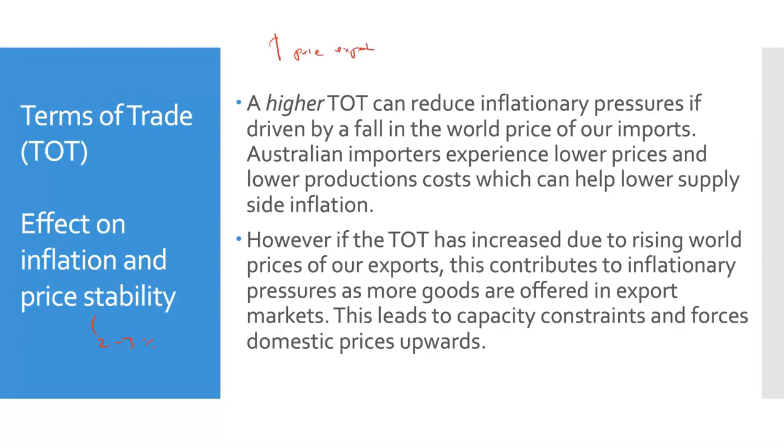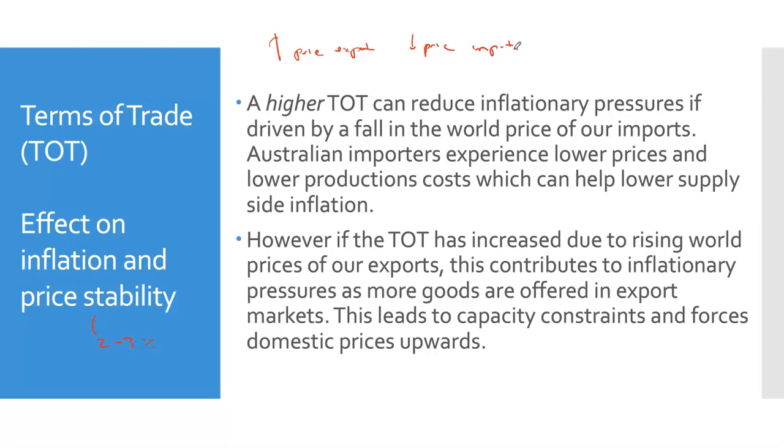This might have increased because relative to the price of exports, we've had a price drop in terms of our imports. This is a driver of inflation. So higher terms of trade could reduce inflation if driven by a fall in the world price of our imports. Australian importers experience lower prices, lower production costs, which lowers supply side or cost inflation.